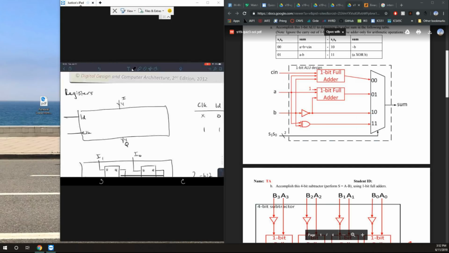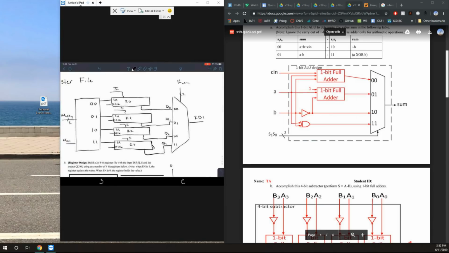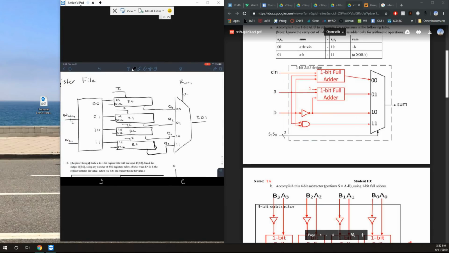Instead of having an individual load for each one, we take an address, and we use a decoder to choose which one we want to use. That's what the load signal is. Then we take that same 2-bit address, and it's also over here, so you know you're choosing the right one. Does that make a little more sense?